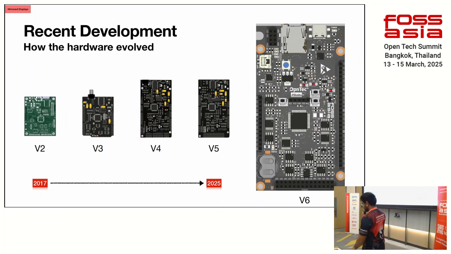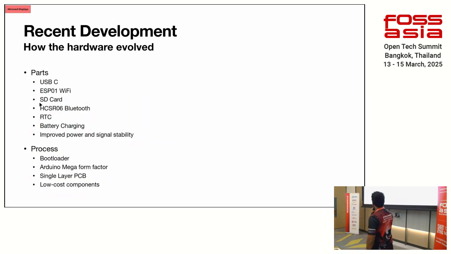And then we improved from that point onwards, and now we are at version 6, with quite a lot of features, making improvements to the first one we had. If I point out some of the recent developments in PSLab hardware, we have USB-C support, even before the EU adopted that.